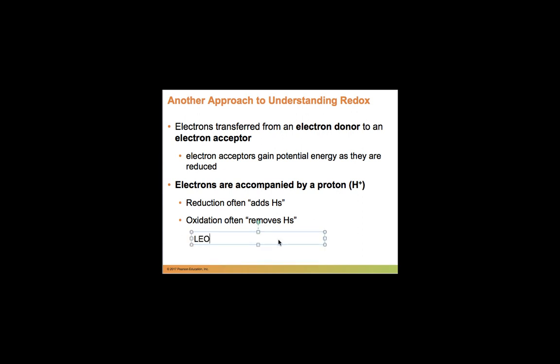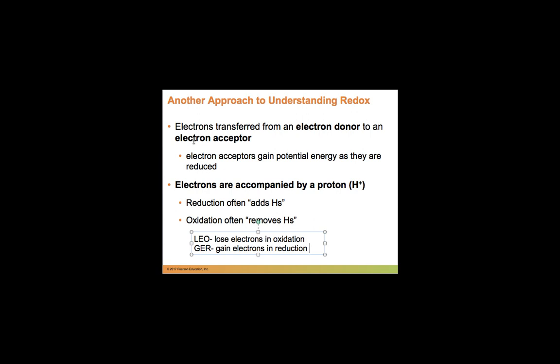So we always say, LEO the lion goes GER. Now, what does this mean? We lose electrons in oxidation and we gain electrons in reduction.